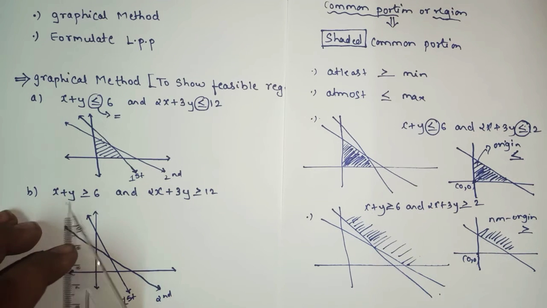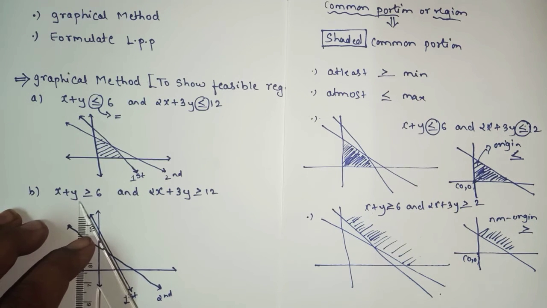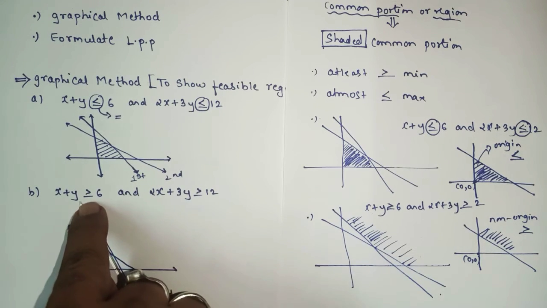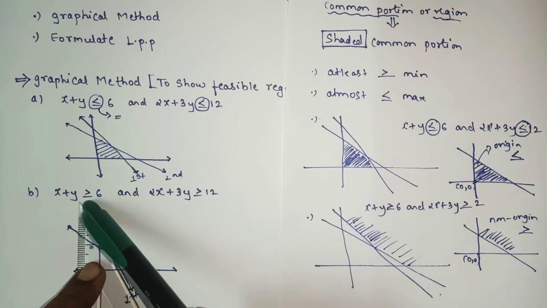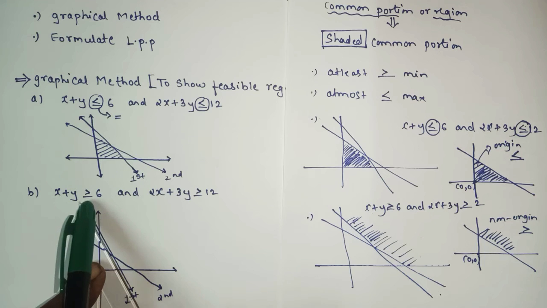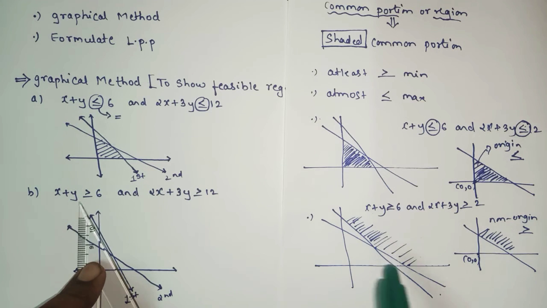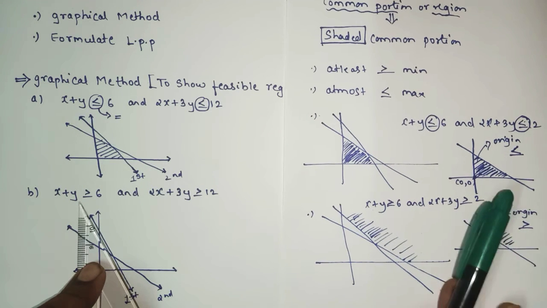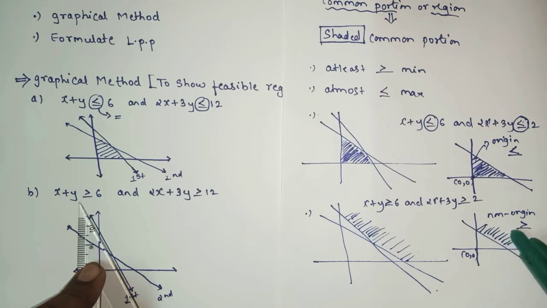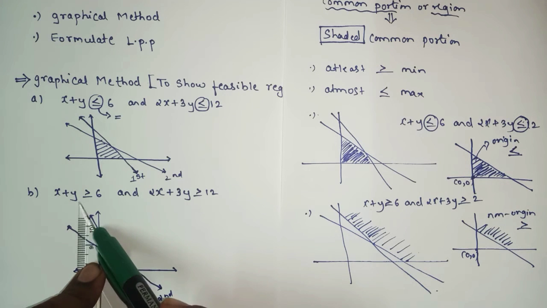We'll take the help of a scale here. So this is the first one. For the first one, what is the symbol? Greater than or equal to. So for greater than or equal to, we know that the shaded region will be outside the line. So this part will come, this region.